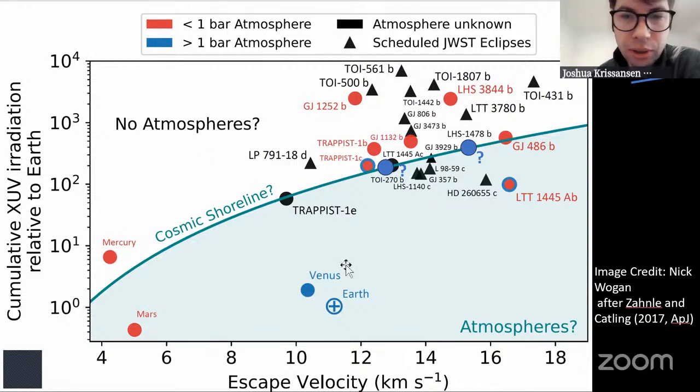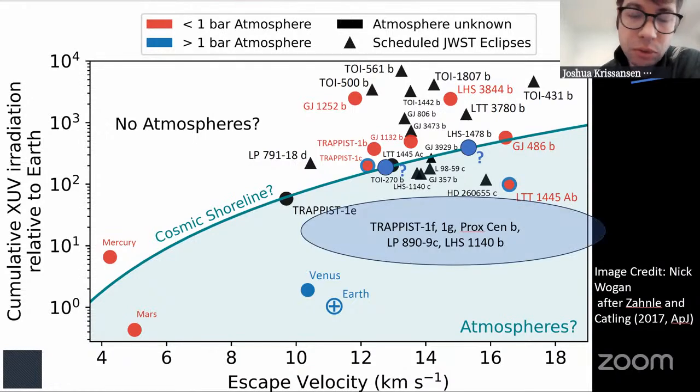And so, if these results hold up, that these objects do in fact hold on to atmospheres, this perhaps might lend some support to evolutionary models that suggest that similar objects like TRAPPIST-1e have also held on to their atmospheres. And there's of course a number of objects that are kind of down here-ish.